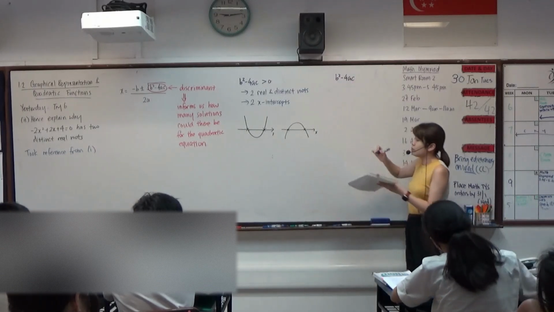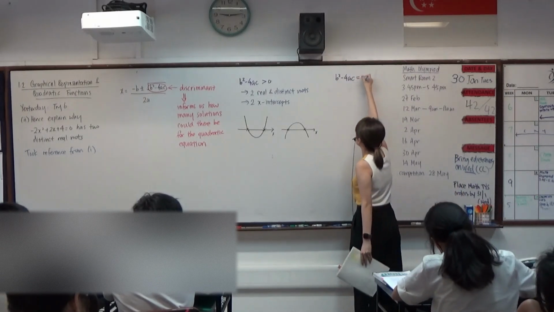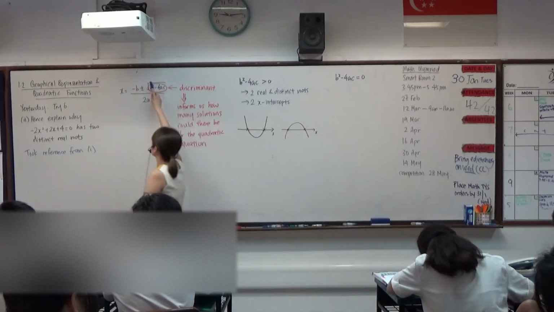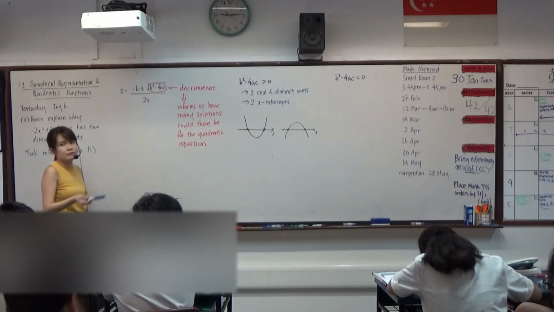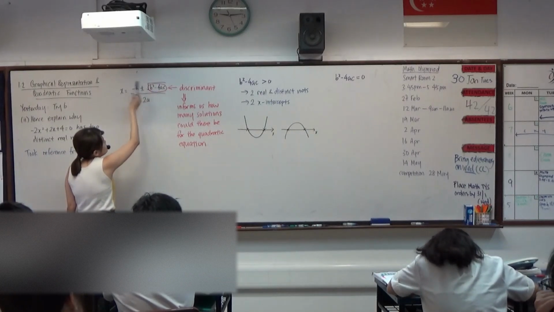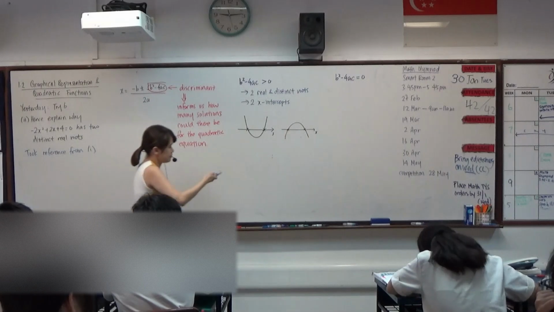Now where the discriminant equals 0, we get one solution. When it equals 0, you're taking the square root of 0, and that is 0. So regardless of whether we're adding 0 or minus 0, there is only one solution in the end.